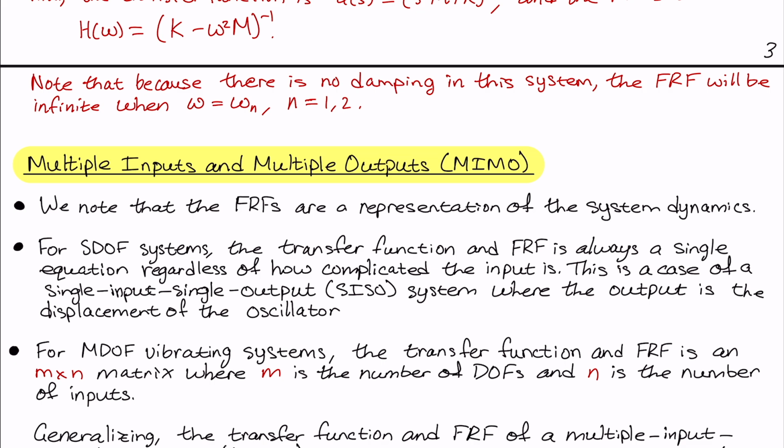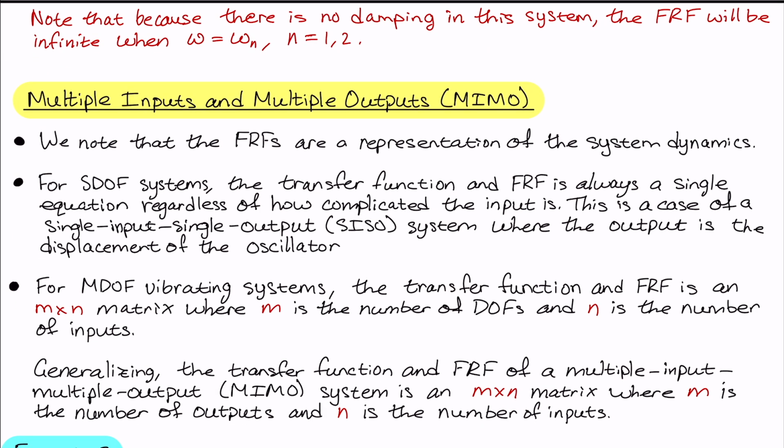For MDOF vibrating systems, the transfer function and the FRF is an M by N matrix where M is the number of degrees of freedom and N is the number of inputs to the system. And if you generalize that from just an MDOF vibrating system to some multiple input, multiple output system or a MIMO system, then M is going to be the number of outputs of that system, and N is going to be the number of inputs to that system as well.